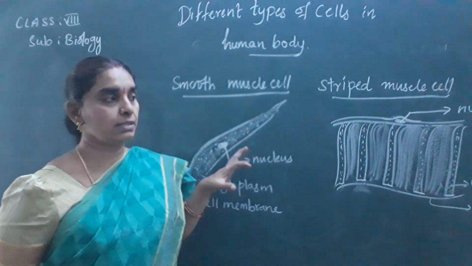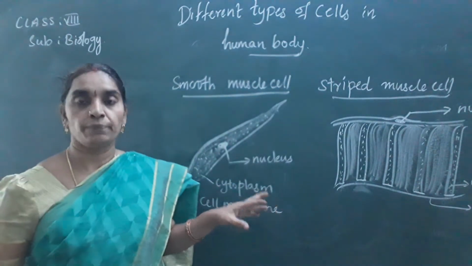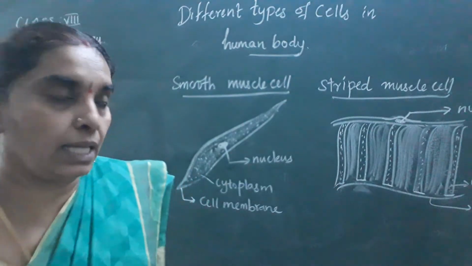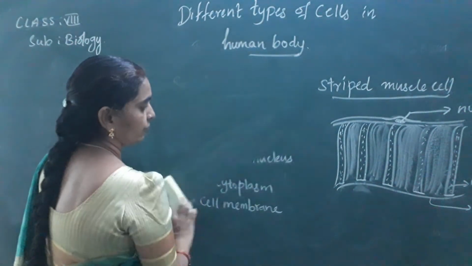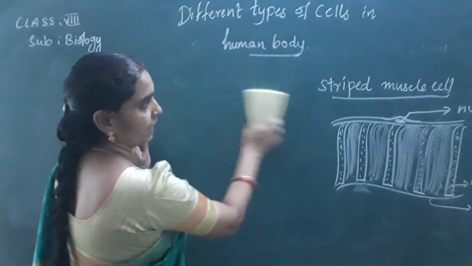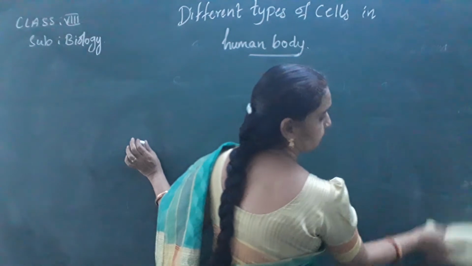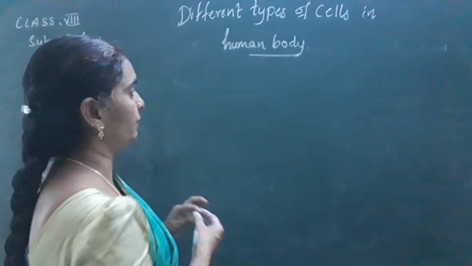So the cells, if you observe, are of different shapes. Now you will see the bone cell and also the nerve cell. Here the muscles help in forming energy in our body, isn't it? And you develop the muscles, energizing yourself.